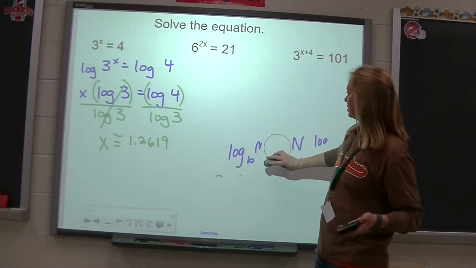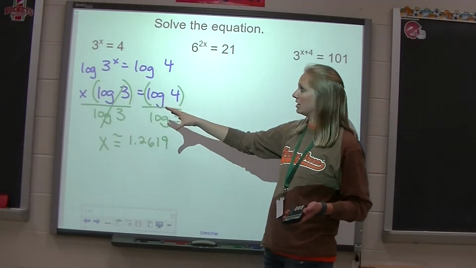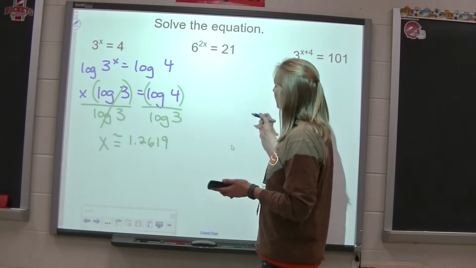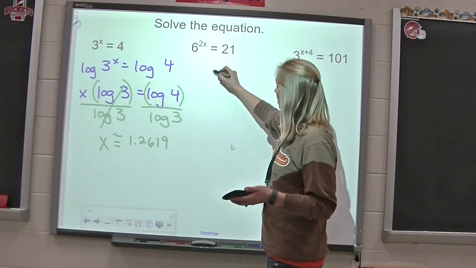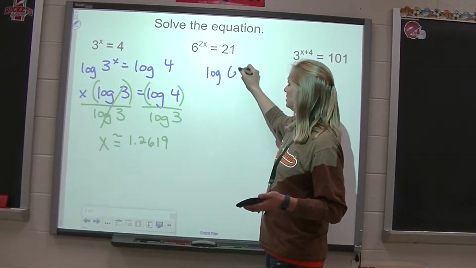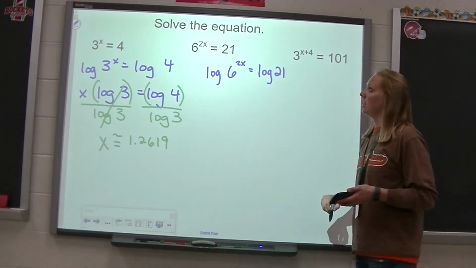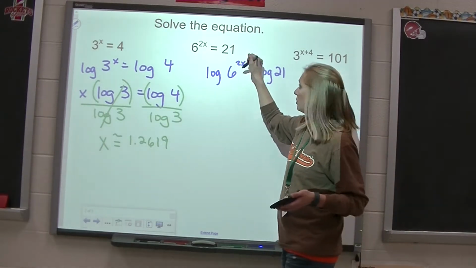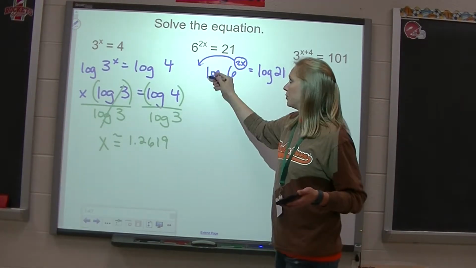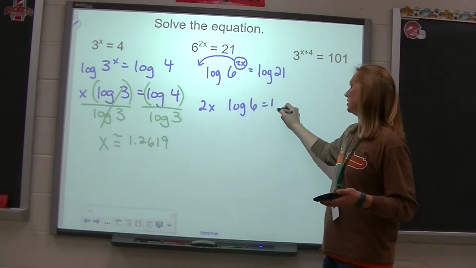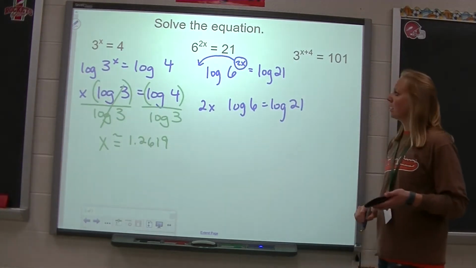Alright, let's look at example 2. If you feel like you have a good grasp of this, why don't you pause the video, try this one. So for this, again, take the log of both sides. And then doing that, I can use my property of exponent and bring my exponent down. So it's going to be 2x log 6 equals log of 21.